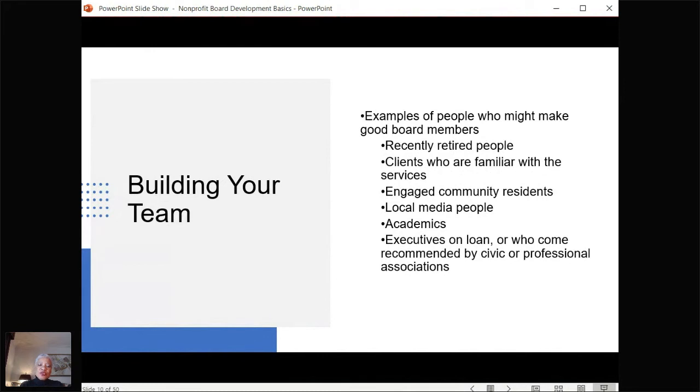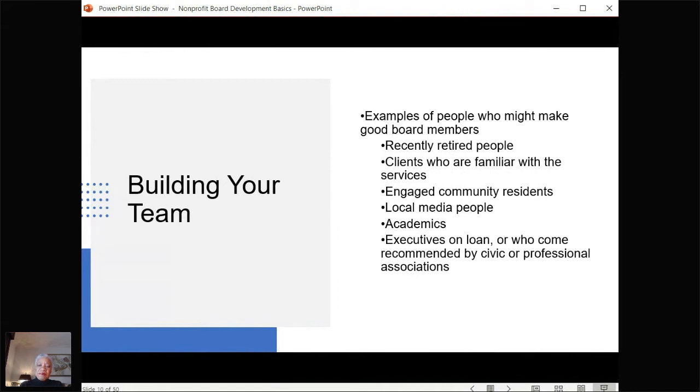You also want to make sure that you have engaged community residents. All too often we have organizations that are not really well grounded in the community. They may be located in the community, but not really well grounded in the community. And you don't want that to be the case with your organization.